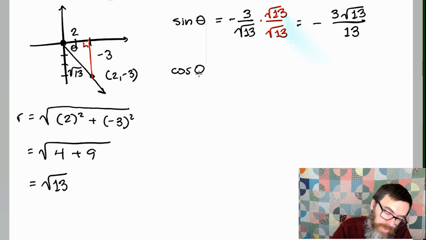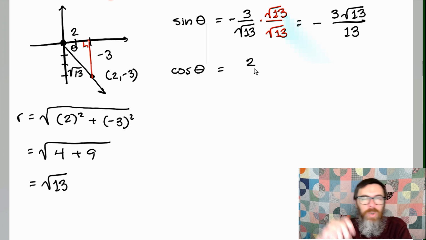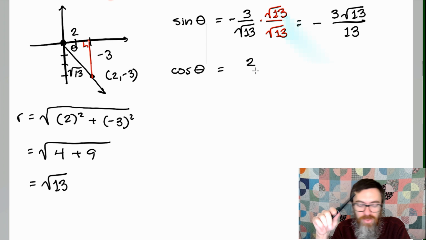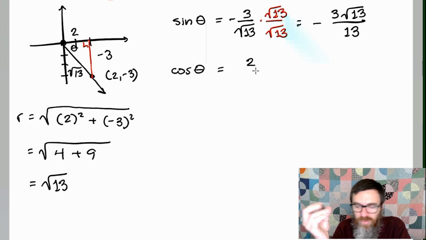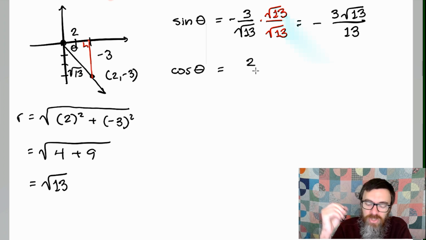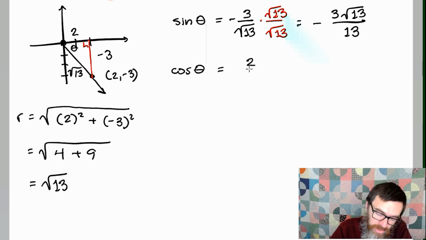And we're going to do the same thing with cosine. Cosine is going to be adjacent, so that's 2. And again, remember, think about cosine as being more in the x direction, sine as being in the y direction. At least that's how it works in my mind. I use that in combination with the whole SOHCAHTOA thing to make sure that I'm in the right spot, that I'm picking the right values. So adjacent over hypotenuse.